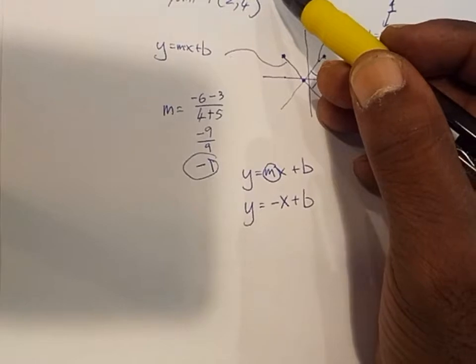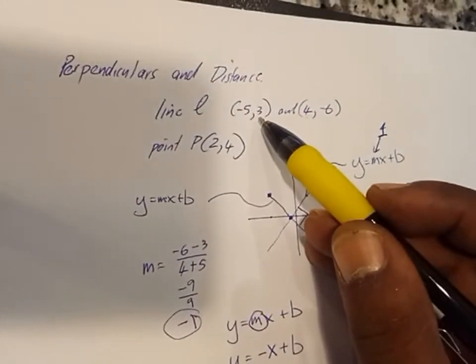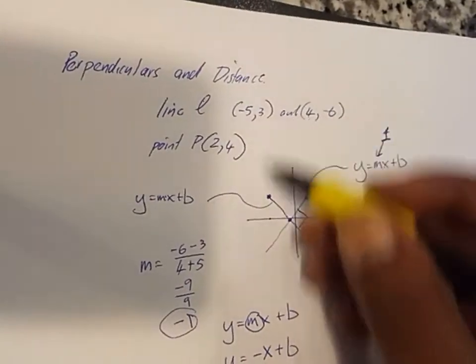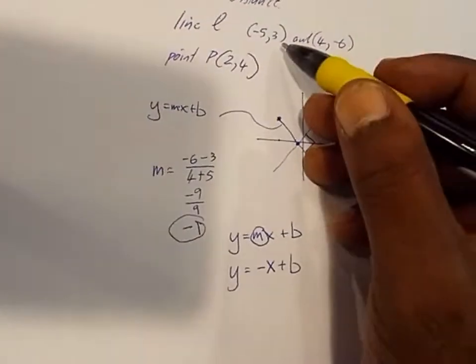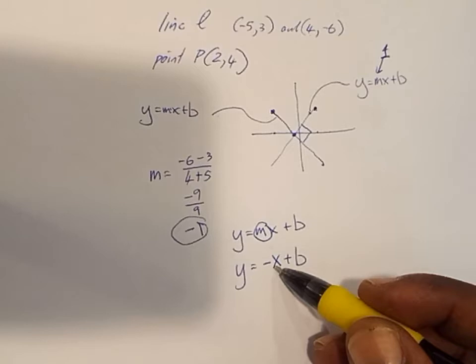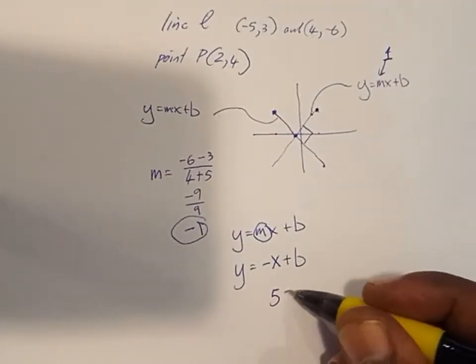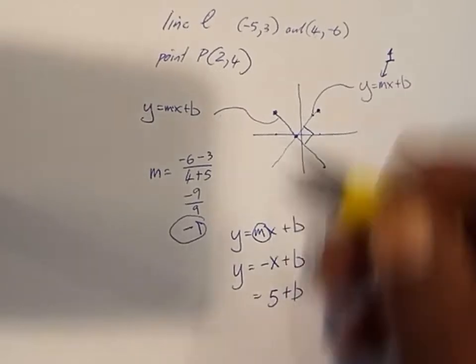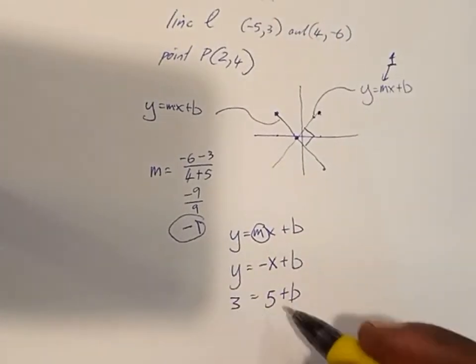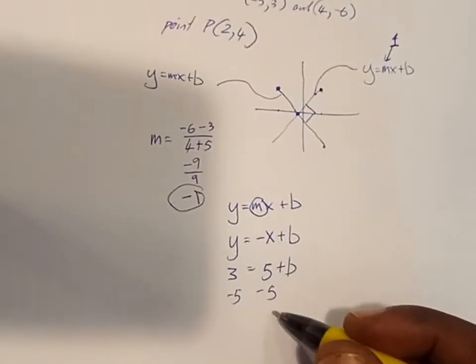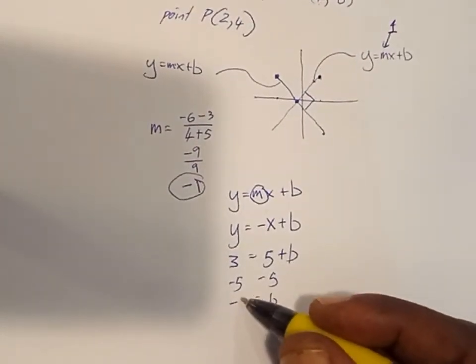We know 2 points on that line. So if I were to insert this as x and this as y, that solves for b. So I replace x with -5. A negative of a negative becomes +5 plus b is equal to 3. So subtract 5 from both sides. B is -2.